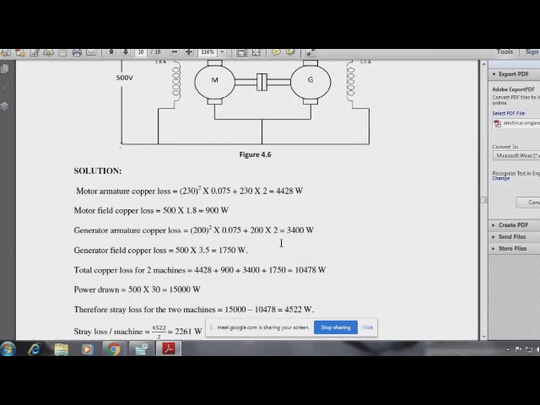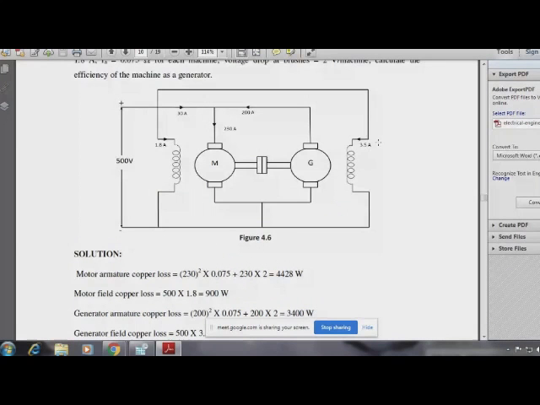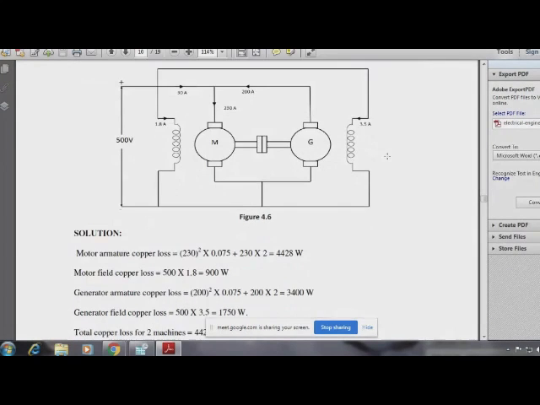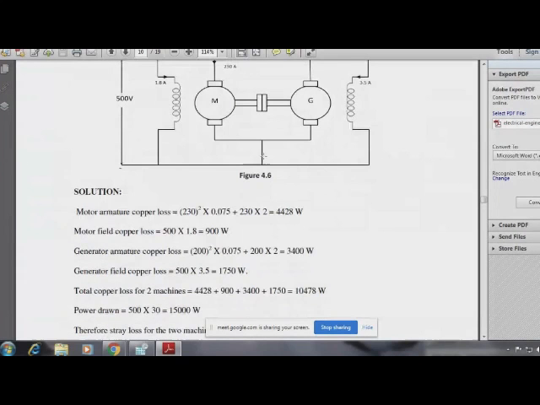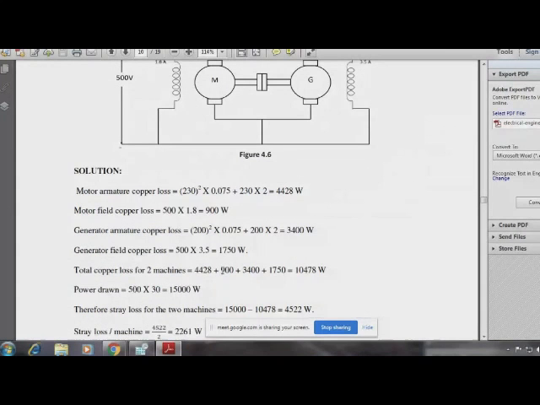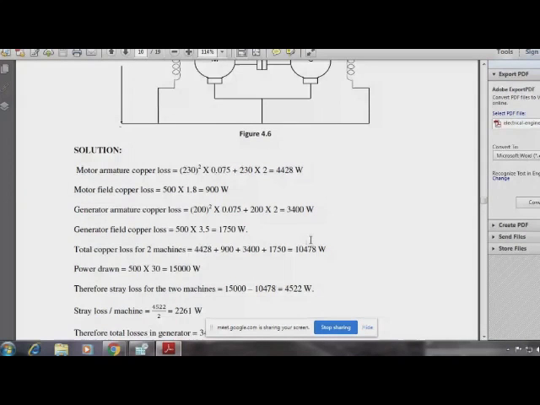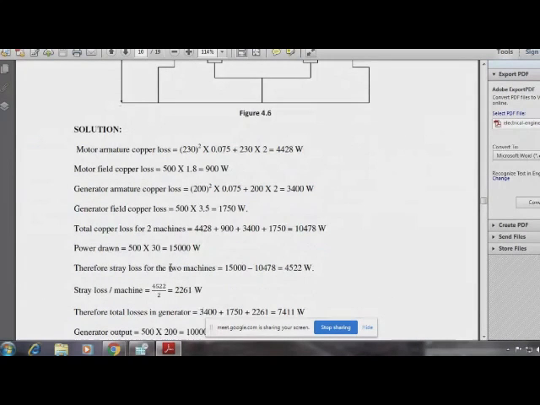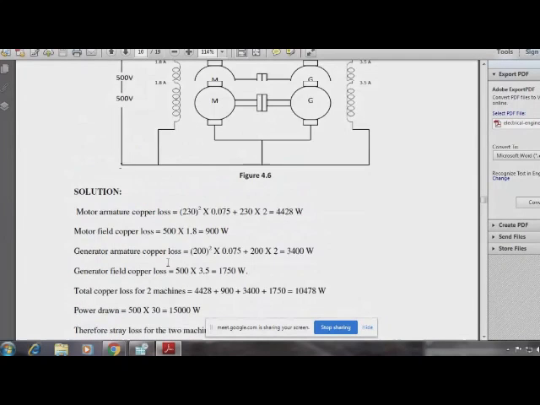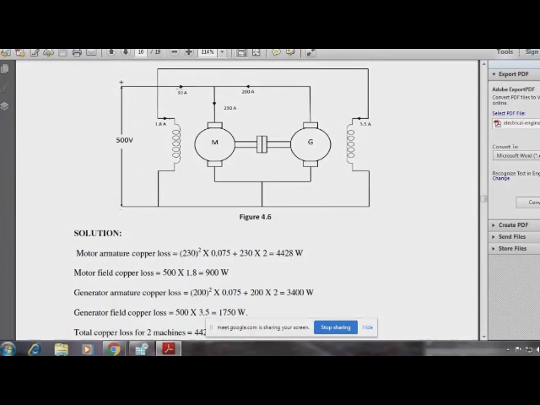No doubt. Then generator field copper loss 500 into 3.5, because the field current is 3.5 and voltage is 500. Total copper loss for 2 machines, we add all the 4, is 10,478. Power drawn is 500 into 30. You see 500 volts and 30 amp is the current at the input.